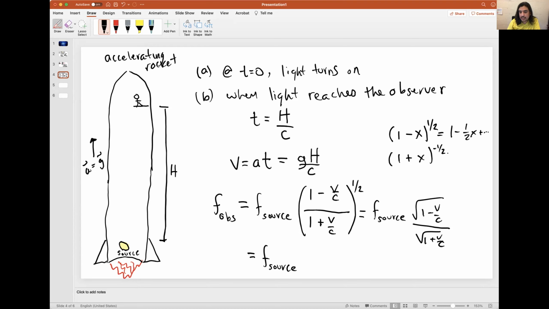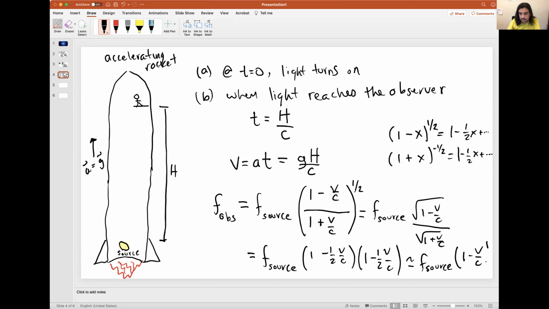If we do that Taylor expansion of these two terms, we get 1 minus 1/2 b over c, and the other one is also 1 minus 1/2 b over c. And we can simplify this to say the observed frequency has a change related to 1 minus b over c.